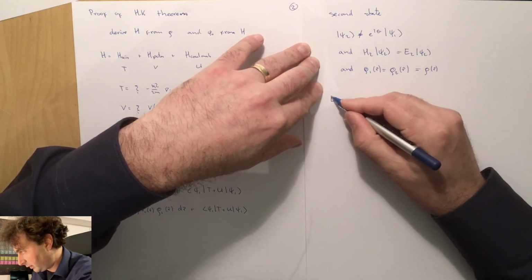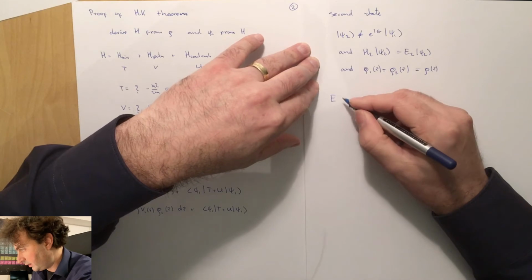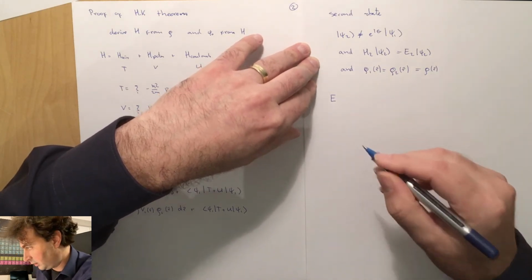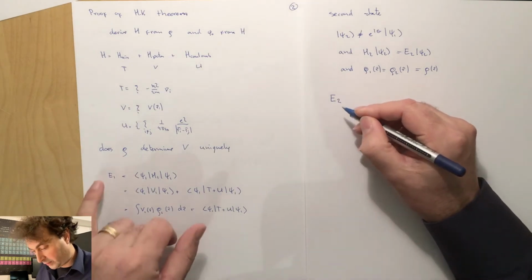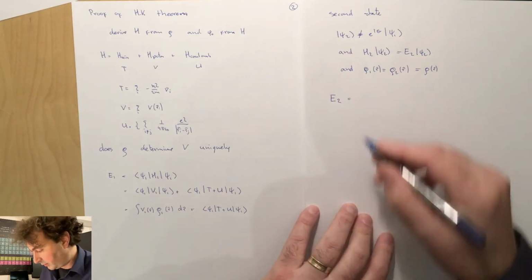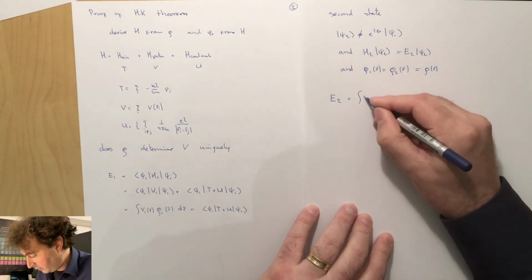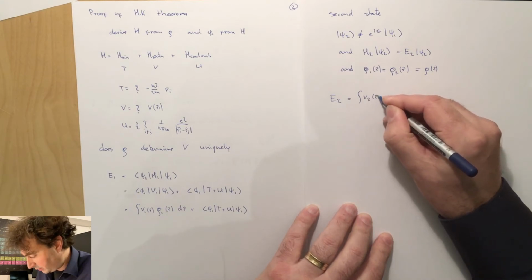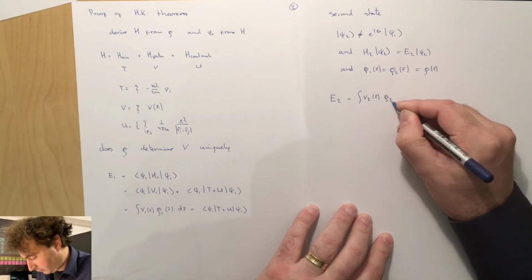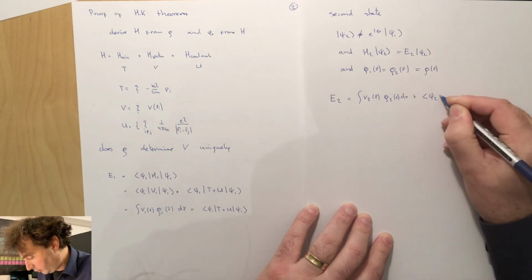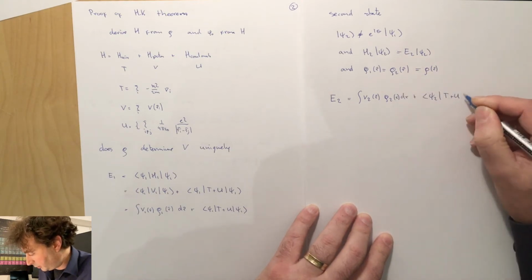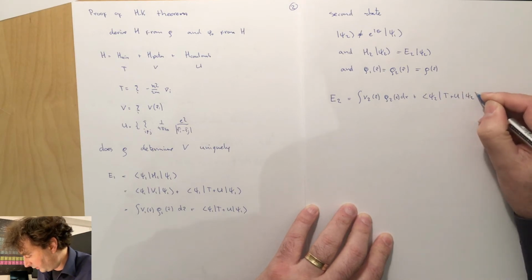So as these are ground states, first of all, we can of course write down the same equation as we had for E1, but now for E2. The energy is the potential energy plus psi2 kinetic plus Coulomb psi2.